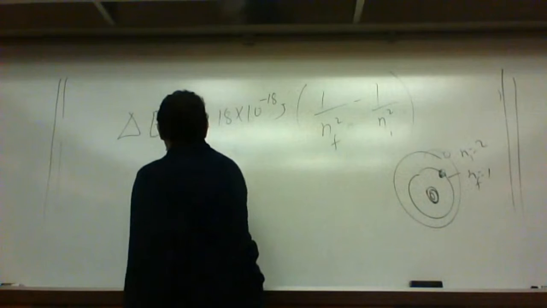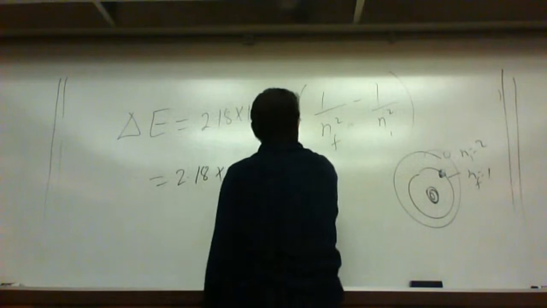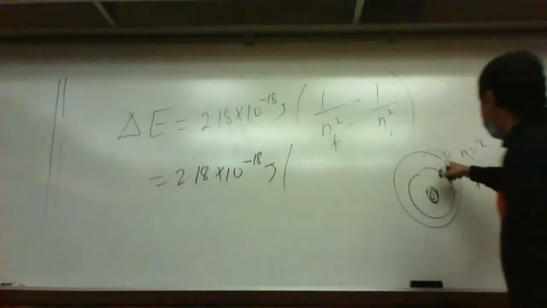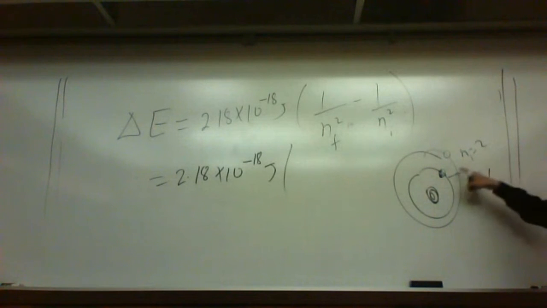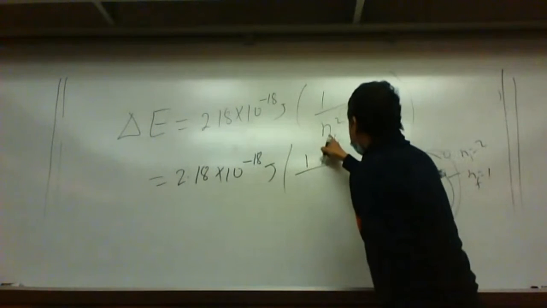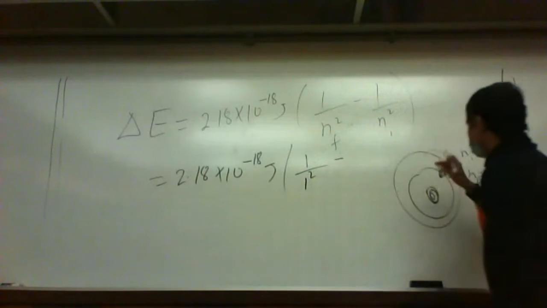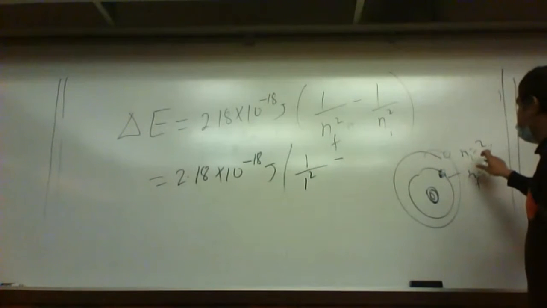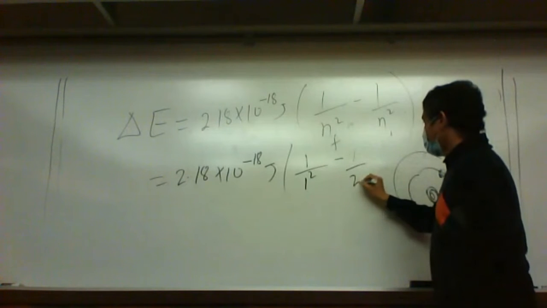It's very simple. 2.18 × 10 to the power minus 18 joule. For n_f, the final: initially the electron was in 2, now it jumps from 2 to 1, so n_f is 1. So 1 by 1 square, minus 1 by n_i square, since the electron was in the second orbit at the beginning, so n_i is 2 square.